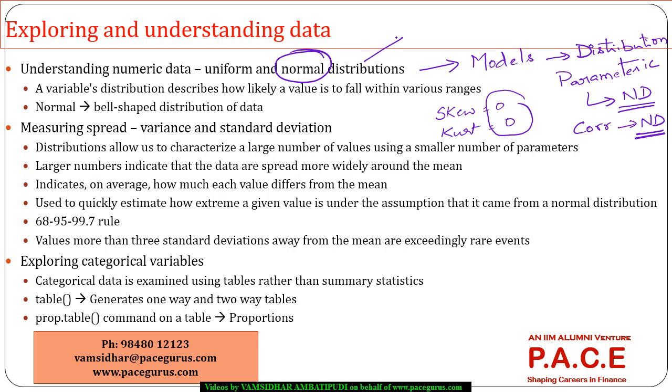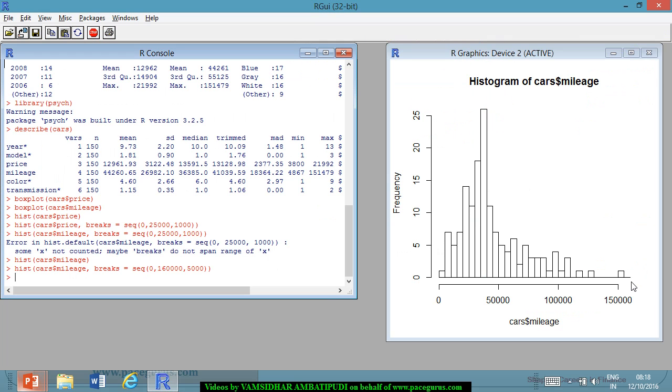Now, to understand whether the data is normally distributed or not, there are various mechanisms. One, we can use a quick formula called shapiro.test. Shapiro.test will assess whether this particular column is normally distributed or not. I give the input cars$price.